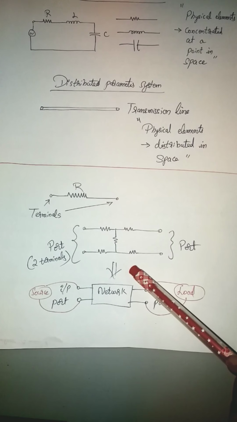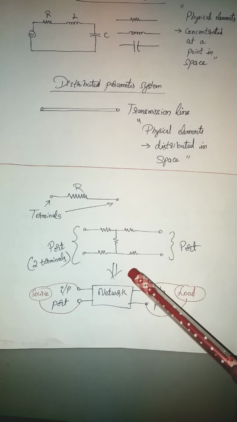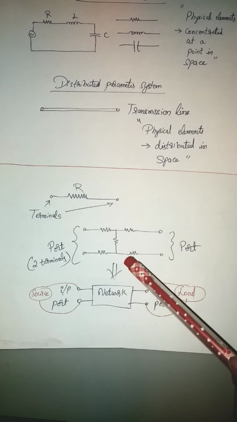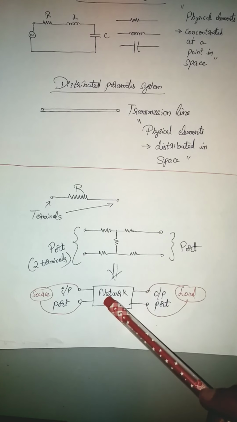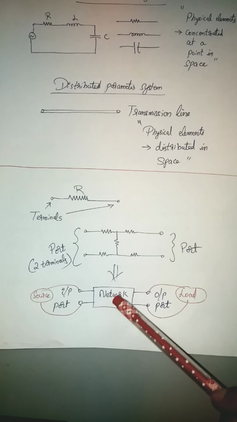But coming to the power system, here also you have the generator in the generating station, you have the transmission network, and on the other side you have the consumer. So the entire transmission network can be represented by this particular box, and we call it the power system network.